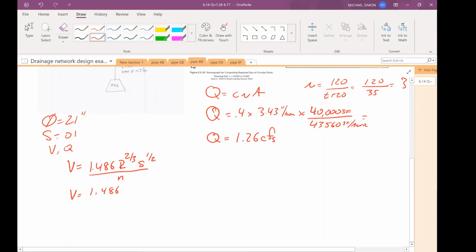Let's see, 21 inches, that's 21 divided by 12. 1.75 over 4 to the 2/3, and 0.01 to the 1/2 over 0.013.